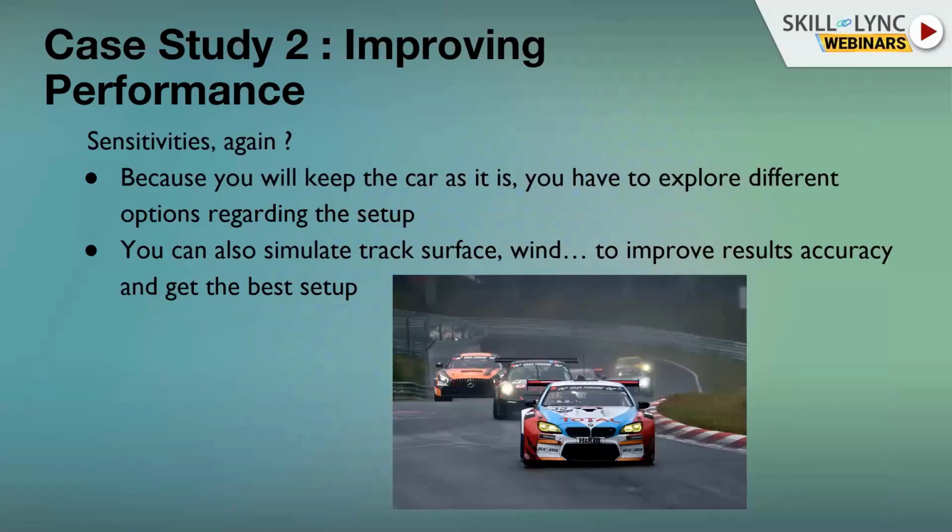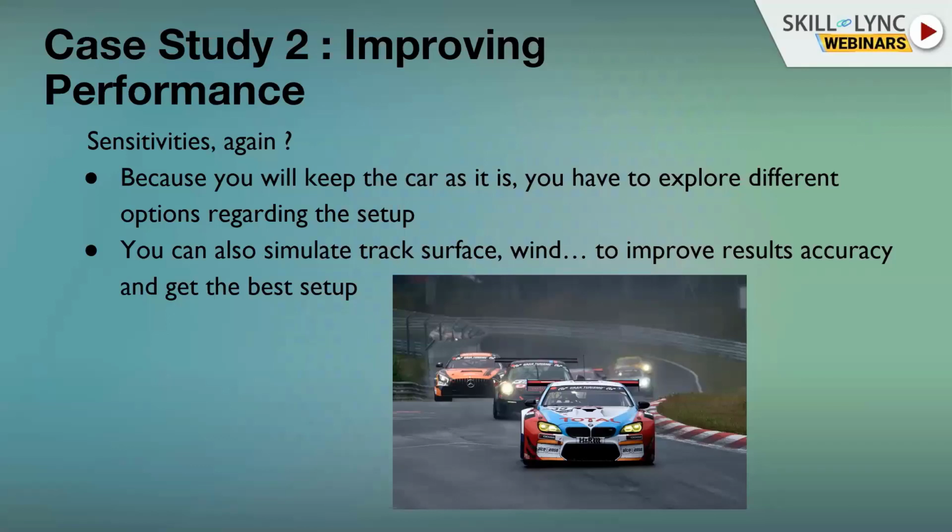So, for example, especially in GT and Formula 2 and Formula 3 cars, for each circuit, three weeks before the event, you run each aerodynamic parameter you can have on the car for the front wing and the rear wing, and you try to see the effects of the change of the parameter.